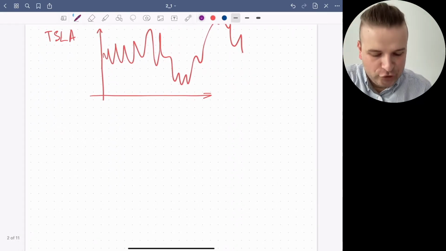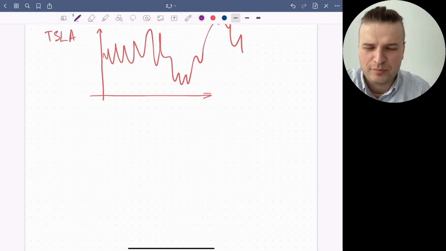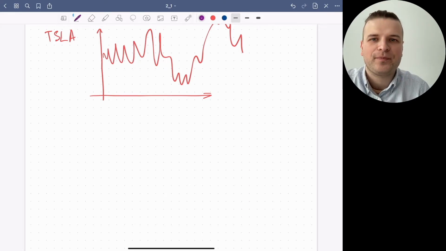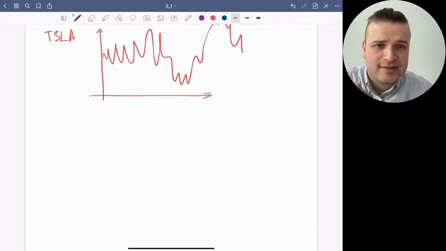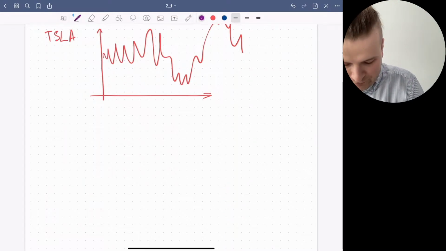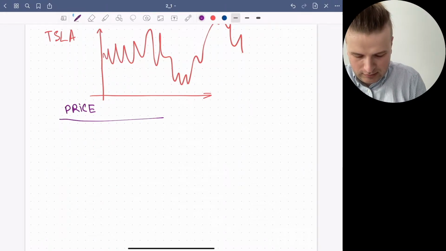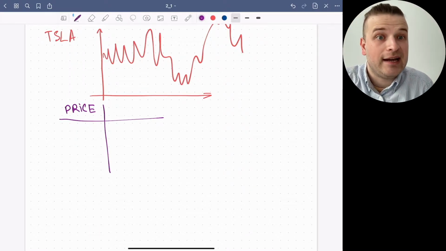Which means actually that each day, typically each day, but actually pretty much each second, you have a number which indicates the market price of a share of some asset here. So you have this data like price and some timestamp.